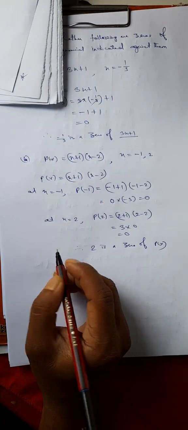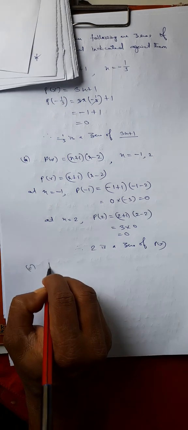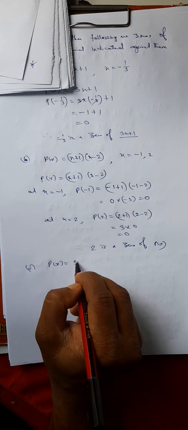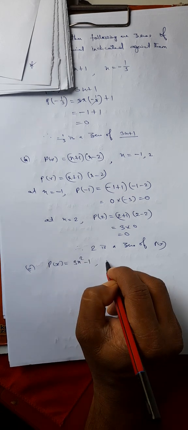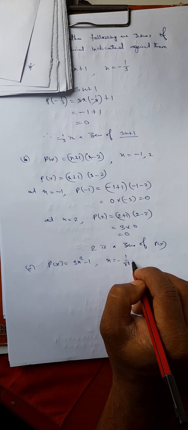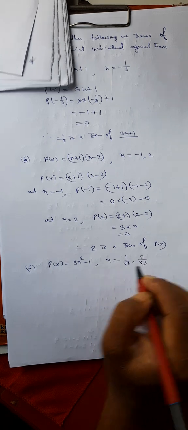Let's do one more exercise. Say P(x) equal to 3x square minus 1, x equal to minus 1 by root 3 and 2 by root 3.